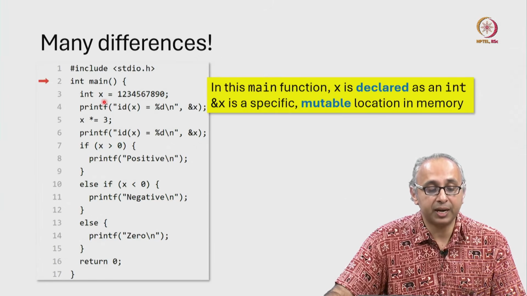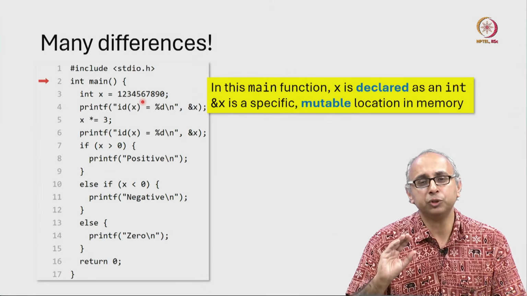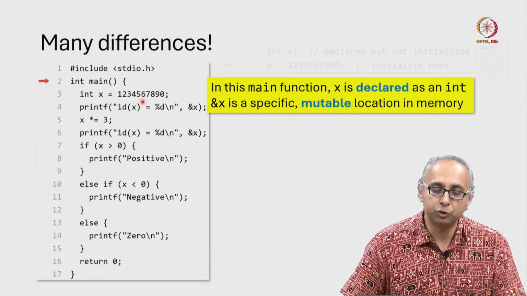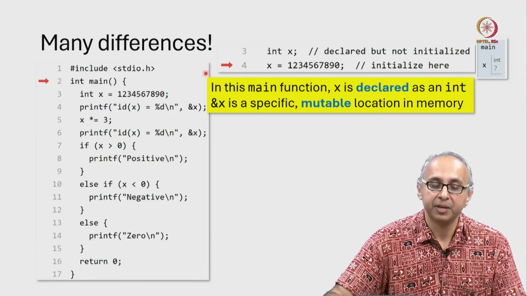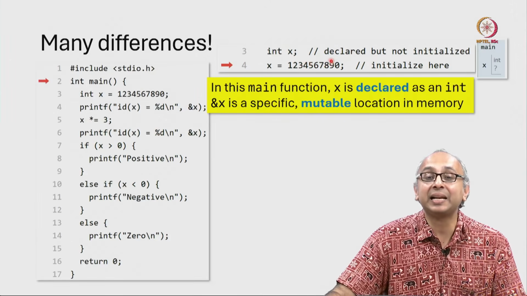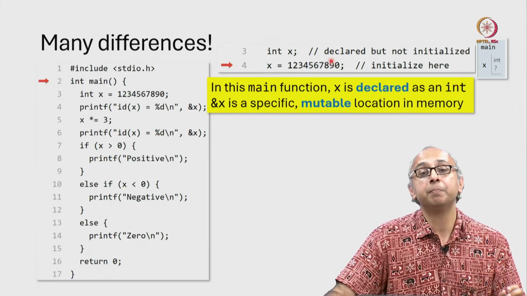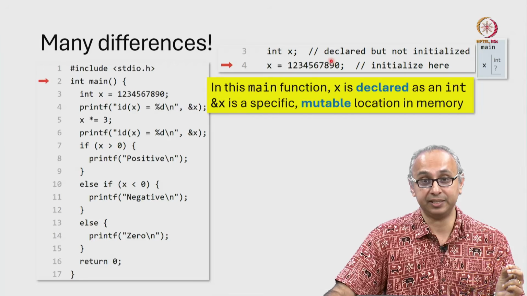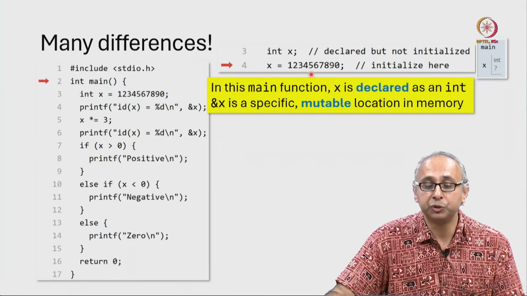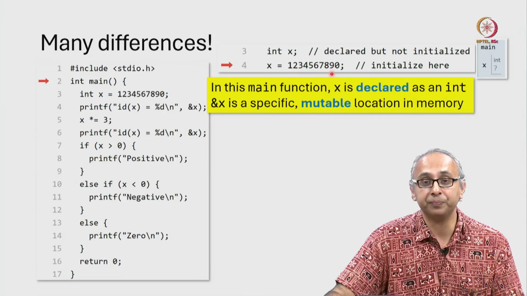Now this statement on line 3 is actually doing two things. Some people break it up into two statements like this. The first statement, int x semicolon, is declaring the variable x, but it is not initializing its value. And the second statement is actually initializing its value to this large integer.